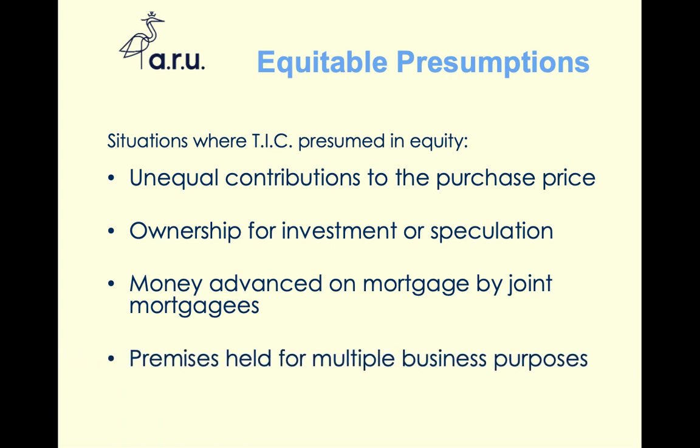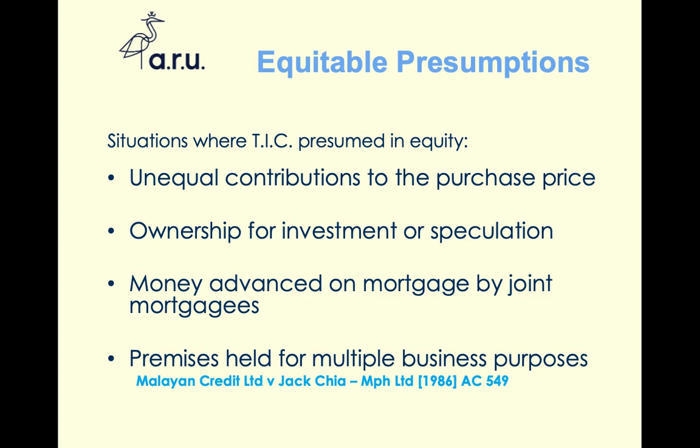And if the property itself is held for multiple business purposes, in Malayan Credit they looked at that and gave examples like a chiropractor and a chiropodist operating within the same unit or the same building. So in any of those situations, equity will presume that they are meant to be operating on their own share, because in none of those situations would people be wanting to behave like a collective.